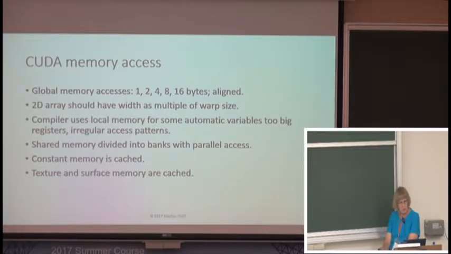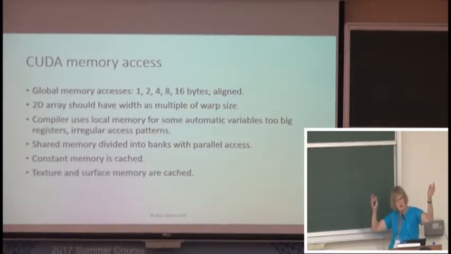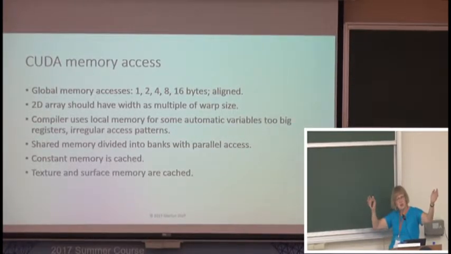So, the global memory accesses can range from 1 to 16 bytes: 1, 2, 4, 8, or 16 bytes, and these are all aligned accesses. Okay, what do I mean by aligned? They're aligned relative to the addresses and the size of the memory, right?